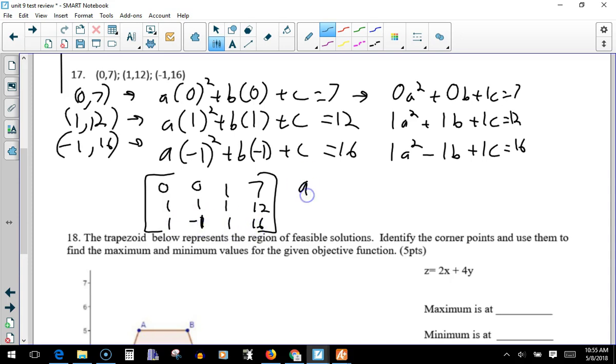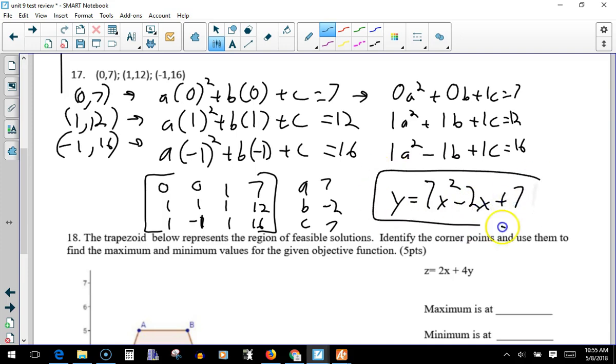When I run that through the calculator, I get A is 7, B is negative 2, C is 7. Finish off by putting those in. So 7x squared minus 2x plus 7, and I am finished.